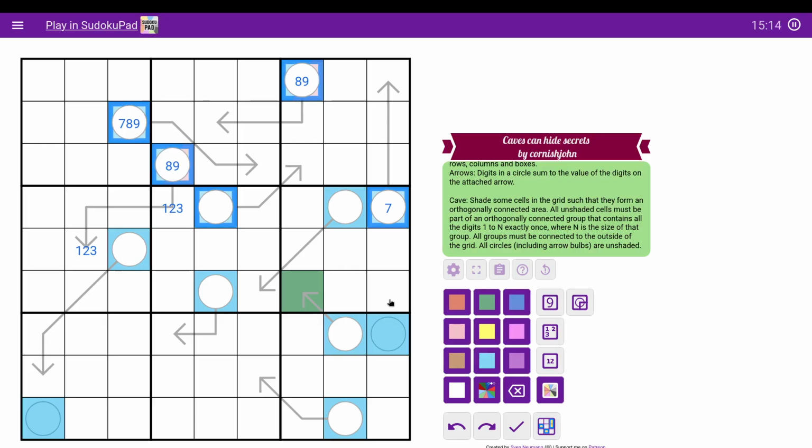Okay. Also, these 3 have to be different. So these 3 add up to at most 24. So these 5 cells are at least 41. These 3 cells are at most 24. The difference between 41 and 24 is 17. So these 2 cells add up to at least 17.